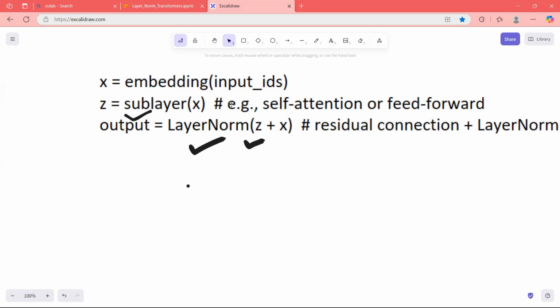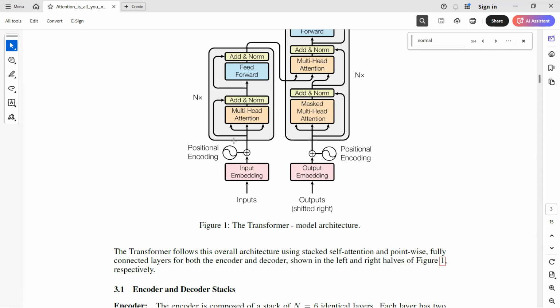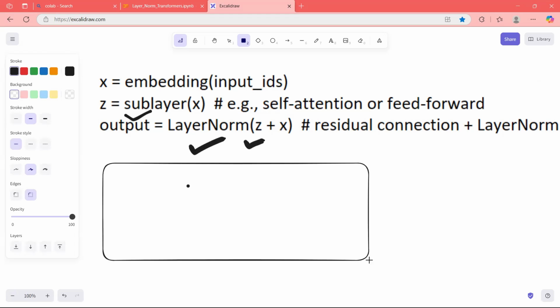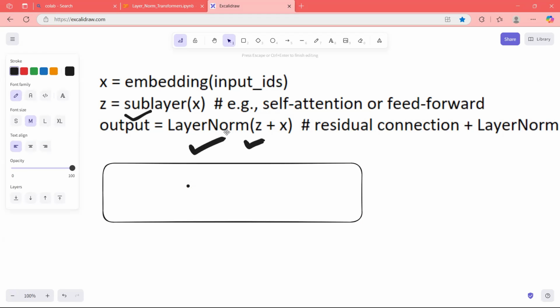Why is the residual connection needed? Because we want to store the original information as well. As you can see, this is the original information without the attention layer. Both these things get added and then the normalization happens. What is the need of this adding? It preserves the original information and makes learning easier.